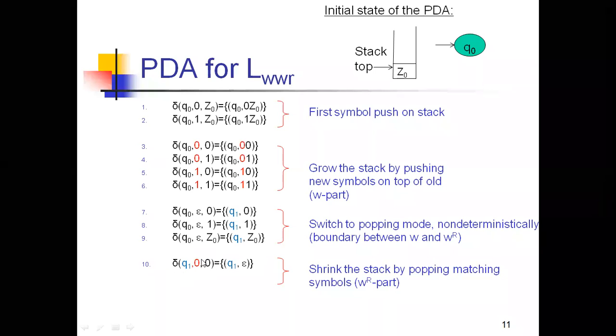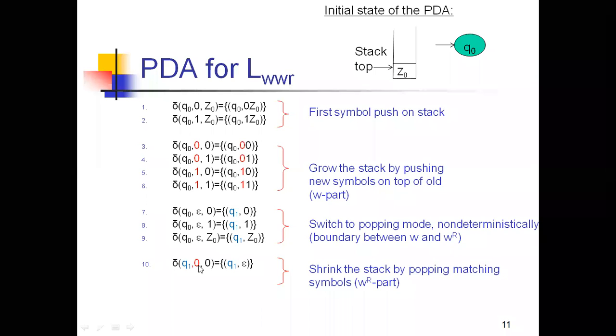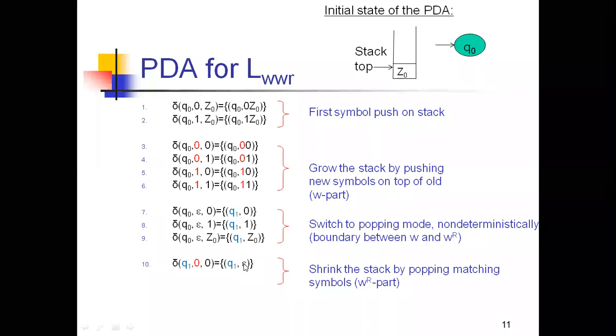So with Q1, you have the changed state Q1, the input alphabet is 0 and the top of the stack is 0. Now you need to pop these two and make it epsilon, like Q1 comma epsilon. That means what we are doing here is shrinking the stack by popping matching symbols of the W power R part.